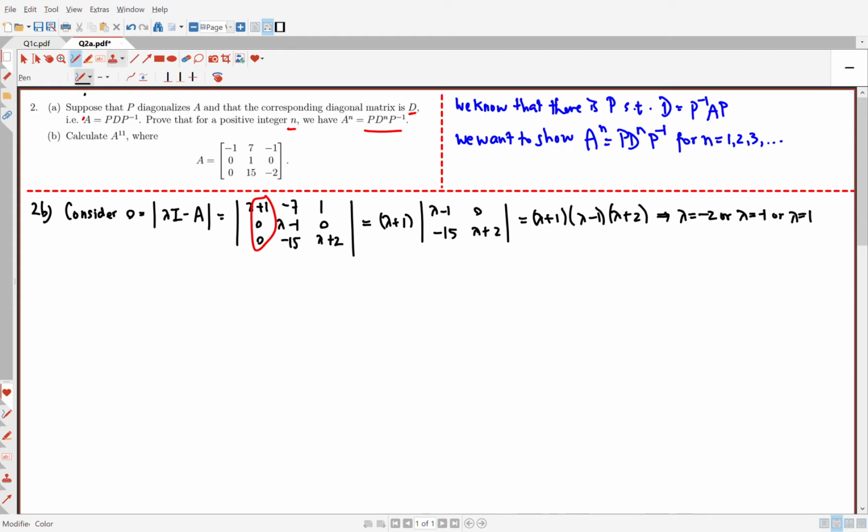Next, I need to find the eigenvectors. For lambda equals minus 2, we want to find x that is not 0, such that minus 2I minus A times x is equal to 0.